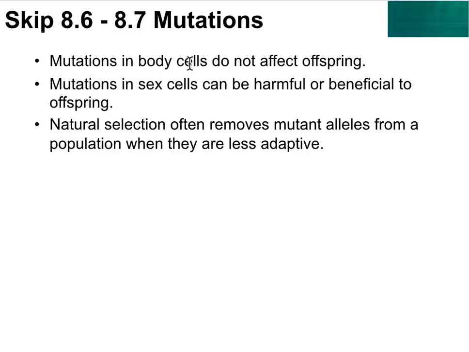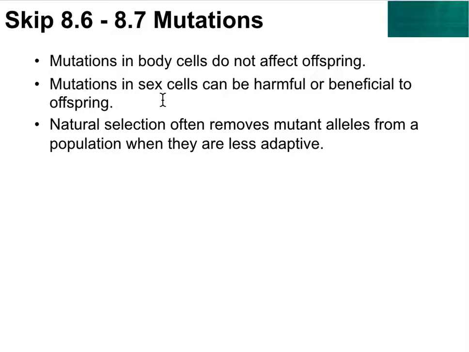So that's not going to get passed on to the next generation. So if you have a skin cell on you right now that mutates, your offspring wouldn't inherit that, okay? Whereas if it's in your egg or sperm, that could be harmful or perhaps beneficial in some cases to offspring.